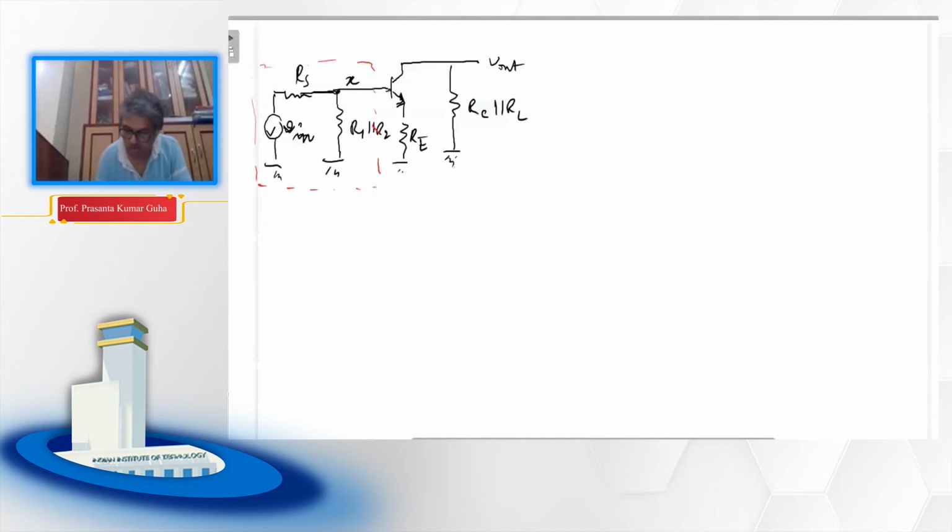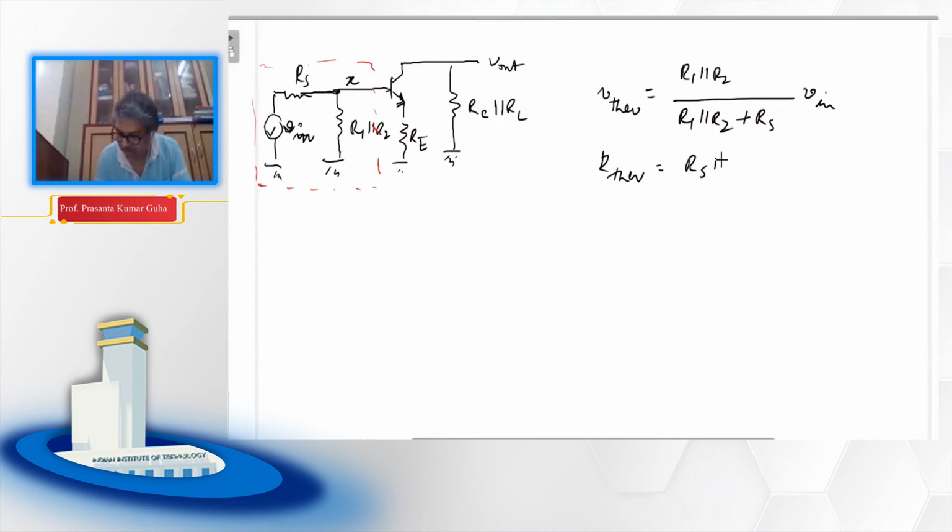So your corresponding V Thevenin will be the voltage divider output. Those who know the Thevenin theorem can easily appreciate this. What about R Thevenin? R Thevenin you can write as RS parallel R1 parallel R2, right?